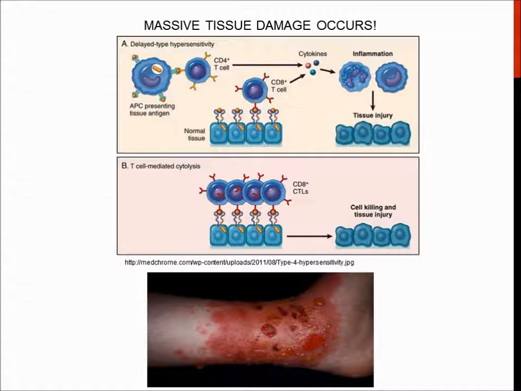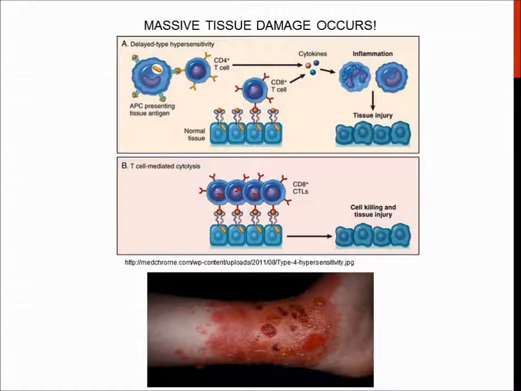As these illustrations clearly show, the APC cells, the dendrites, present the antigen to the CD4 helper cells. These release cytokines that I mentioned earlier, the interferons, the interleukins, and they create a reaction out of the killer T cells, which start to damage the skin cells and create the inflammation and tissue damage that we see.